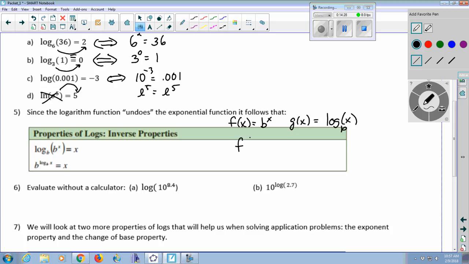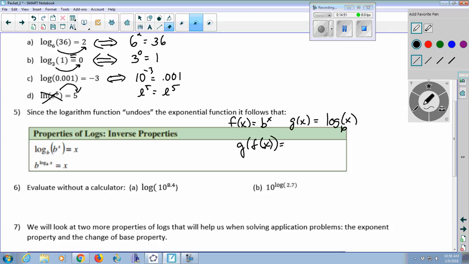So if I compose them like this, I take f of x, which is b to the x, and I put it in right here. I come back to my original input, which is x.